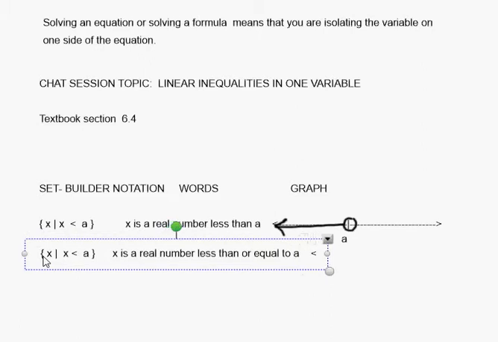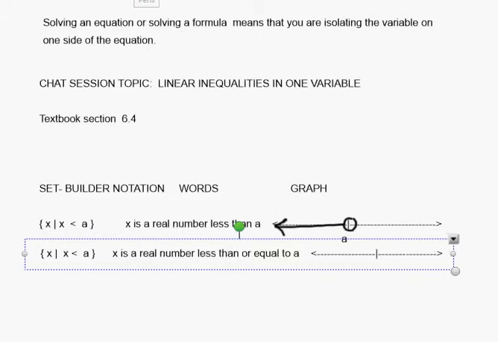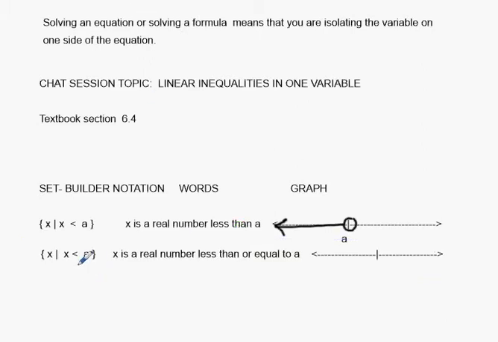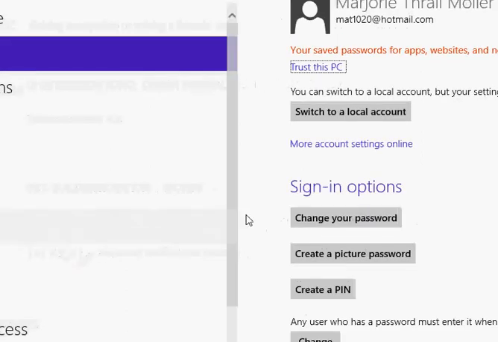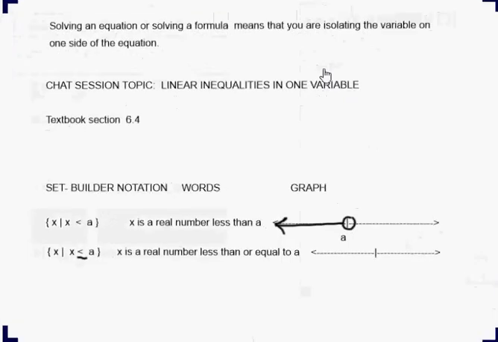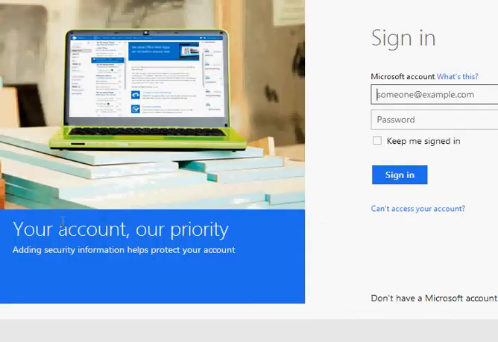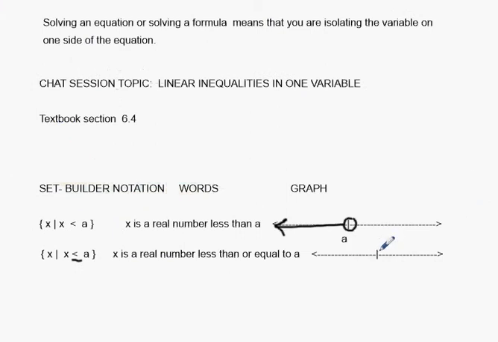Then when we draw the number line, we have an equal sign with the less than inequality symbol, but our closed-in circle now is shaded in.